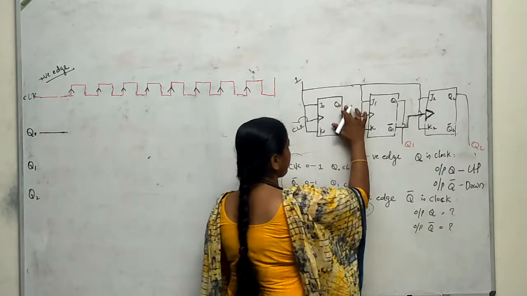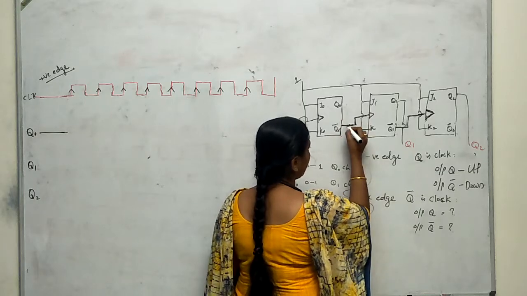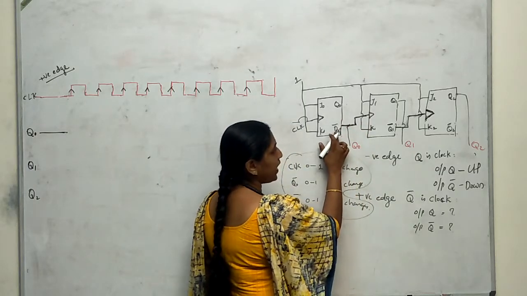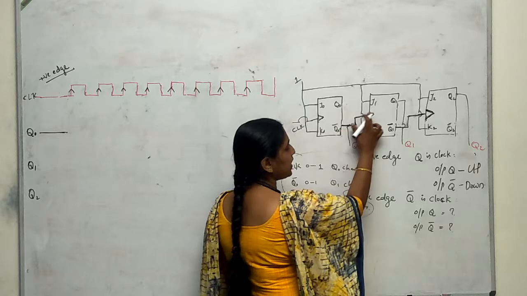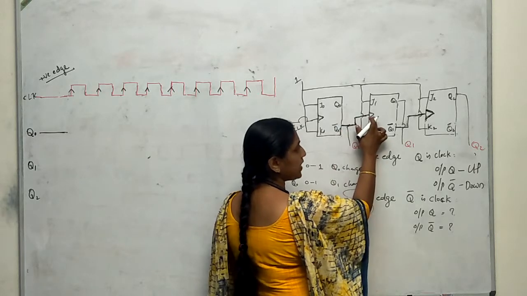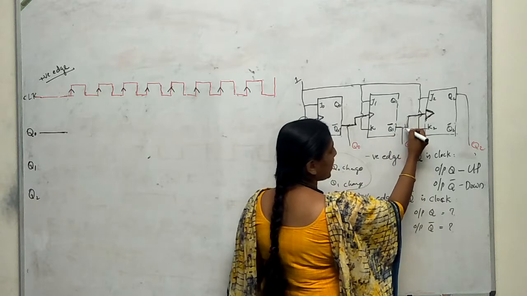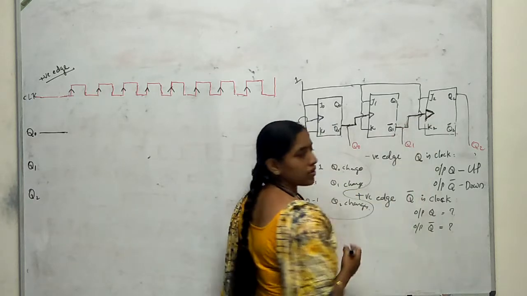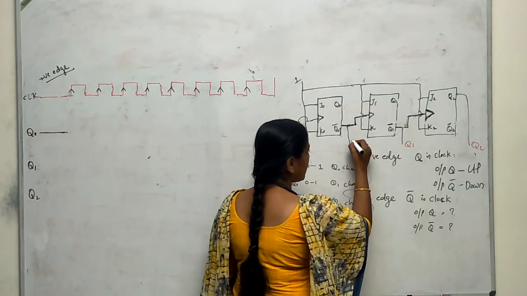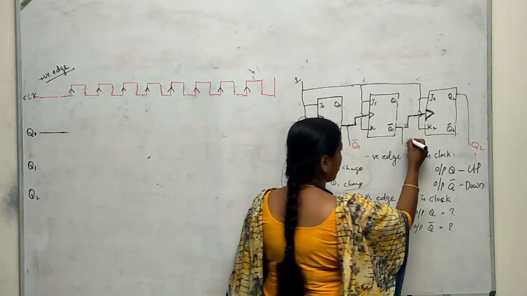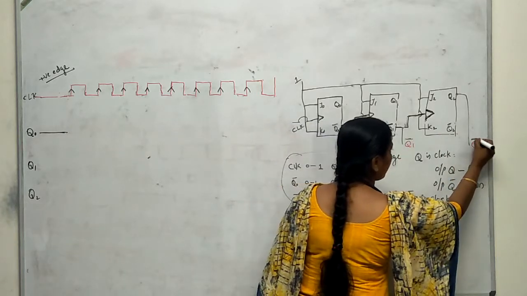One more difference is that I have given Q0 bar as the clock for the next input. Similarly, Q1 bar is the clock for the next one. So this is Q0 bar, this is Q1 bar, and this is Q2 bar.